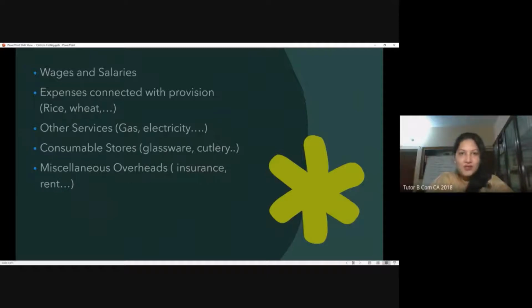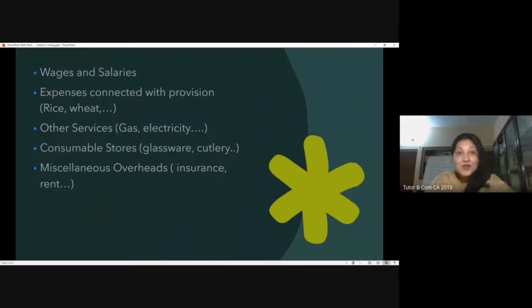It can be rice, wheat, vegetable, meat, flour, all of which will come under the provision category. Other services, of course, when you have to make food, you need other facilities. So those will be covered as expenses in other services like gas, electricity, or any other source of power which you use for making food. All that will be brought under another head.